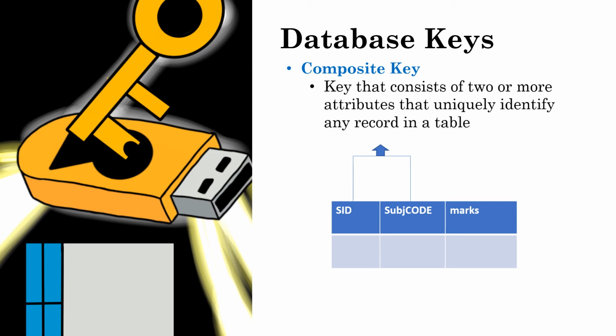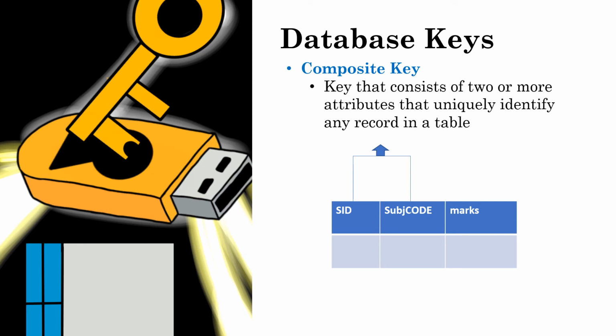How about the composite key? The composite keys are keys that consist of two or more attributes that uniquely identify any record in a table. But the attributes which together form the composite key are not keys individually.